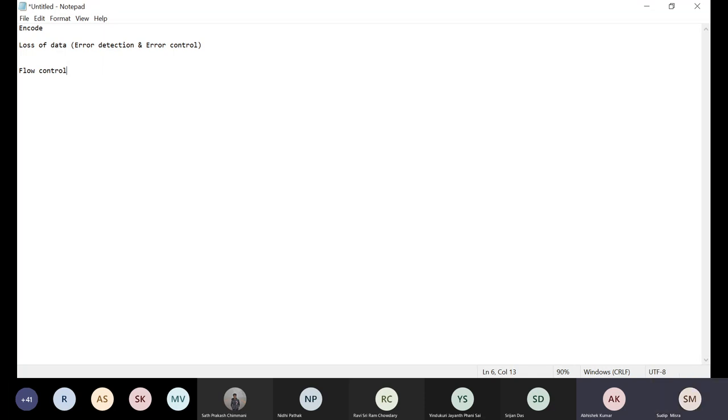You need to control that, right? There needs to be some kind of synchrony between the rates of transmission and reception. This is called flow control.